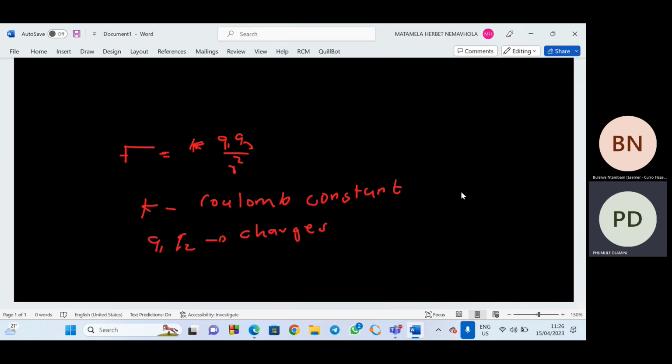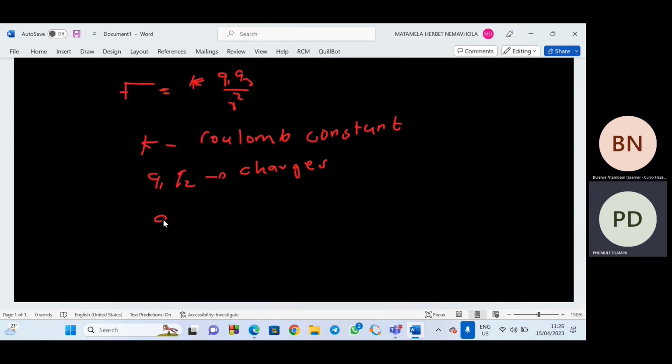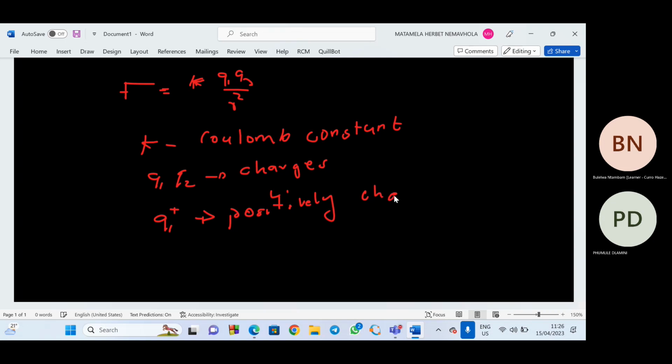These charges can be represented by Q. You will find it written Q positive. It means that this is a positively charged charge. And if it's written Q negative, it means that it is negatively charged.